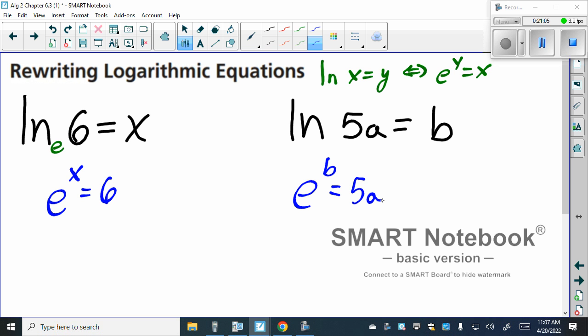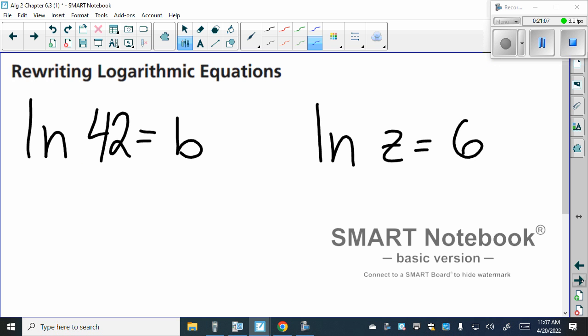Be ready for the next one. ln of 42 equals b.